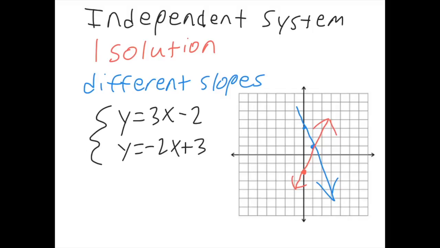And they intersect at exactly one point, which in this case happens to be the point (1, 1). So the answer to this would be x equals 1, y equals 1. These are the kinds of systems that you have been dealing with so far and are the ones you'll see most often. The next two are more special cases.